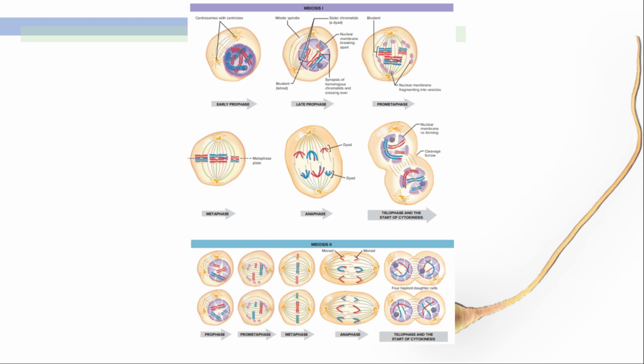So the products of meiosis 1 are haploid cells. Then the products of meiosis 2 are also haploid cells. Then you will ask me, Sir, bakit haploid pa rin yung product ng meiosis 2? If 23 chromosomes yung haploid number, bakit by the end of meiosis 2, hindi siya naging 23 divided by 2? That's 11.5.